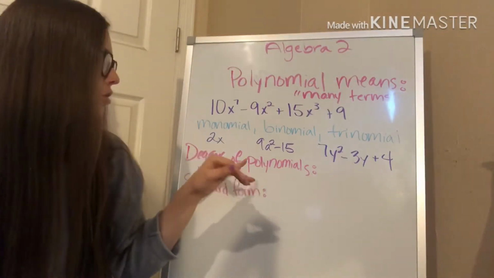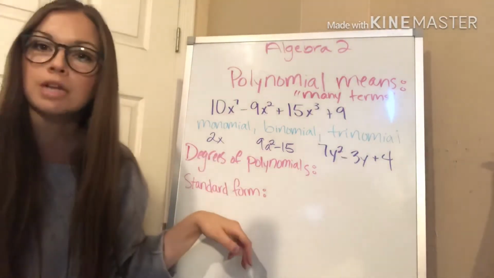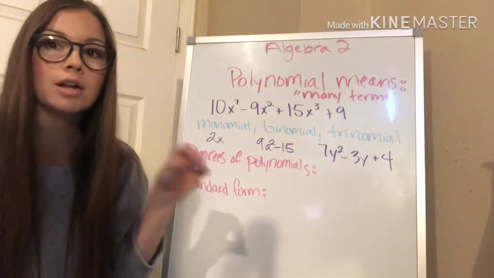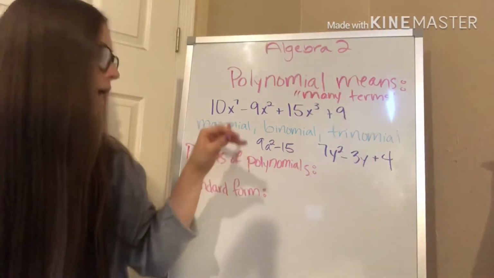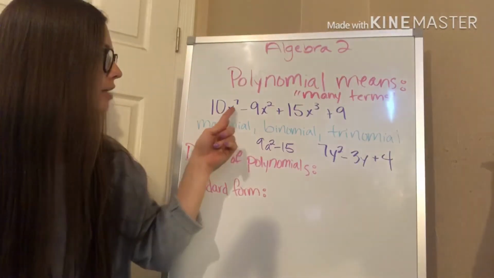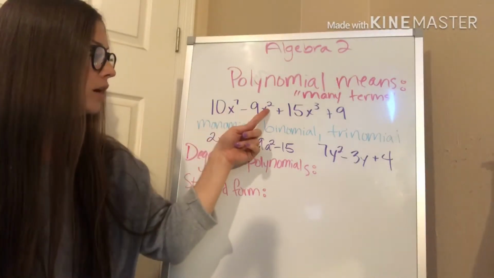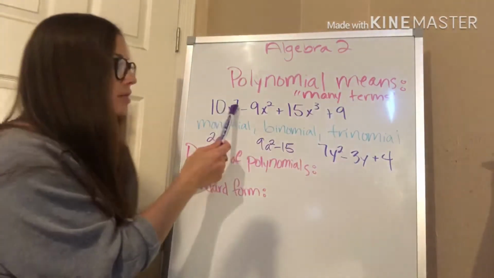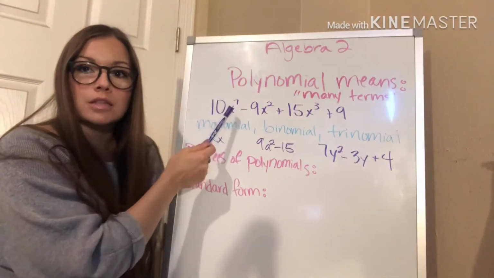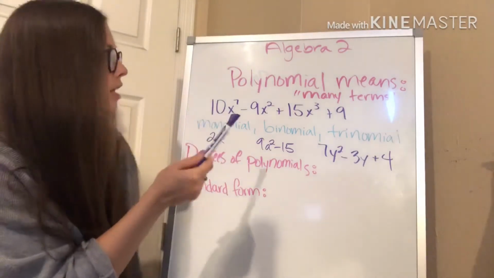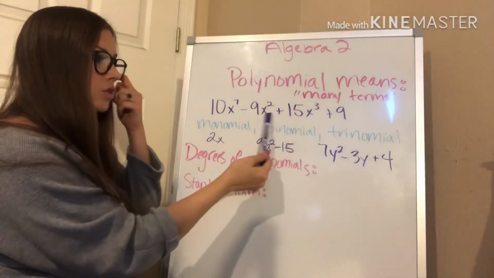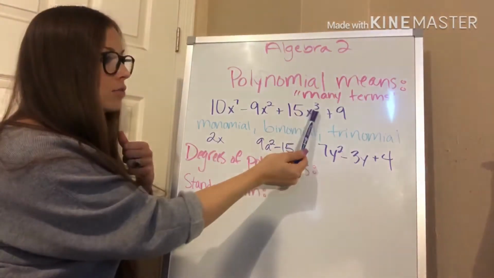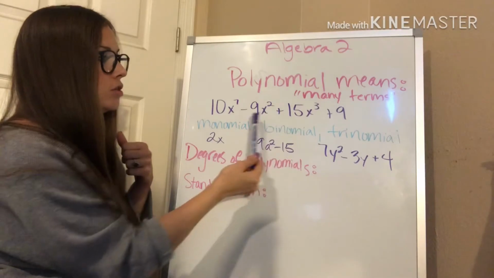Degrees of polynomials. Well, first let's talk about standard form. That's when the terms are all in order of power. So here we have 10x to the 7th minus 9x squared plus 15x cubed plus 9. 7 is the highest power, so 10x to the 7th will be the first term. That's correct. But here we have these two, 9x squared and 15x cubed. The 3 obviously is a higher power than the 2, so these two terms should be swapped.